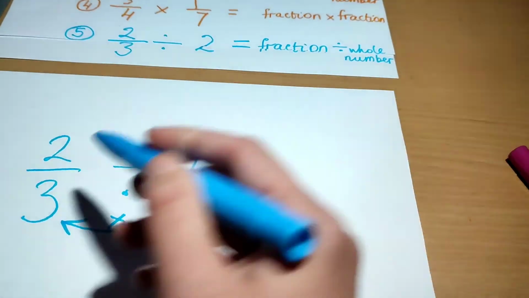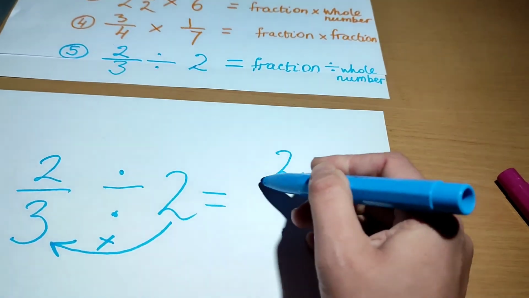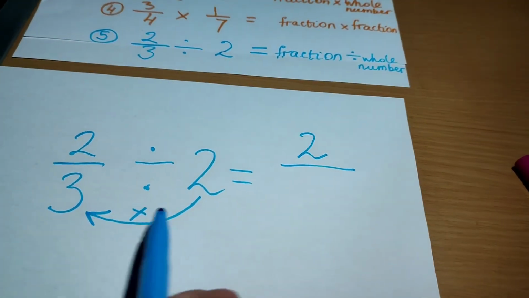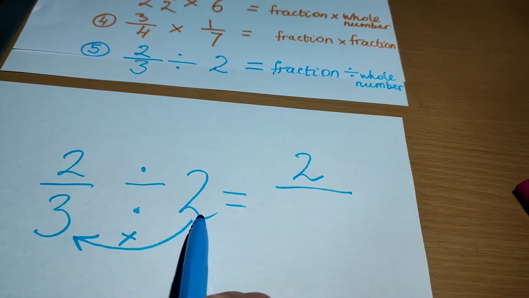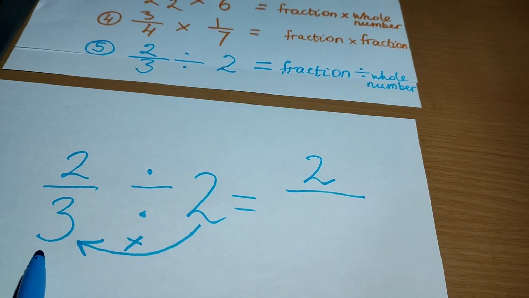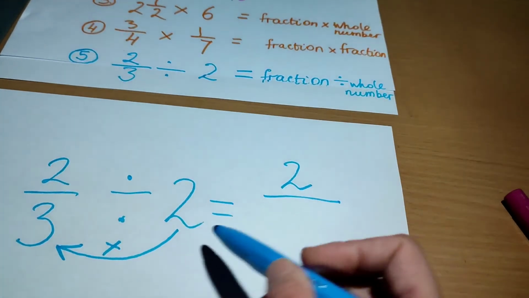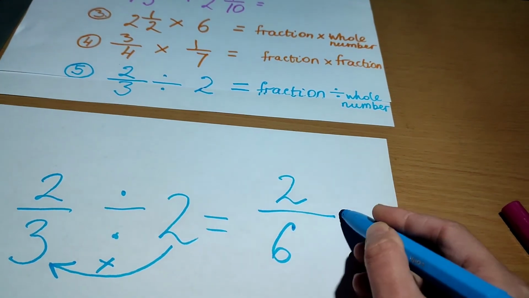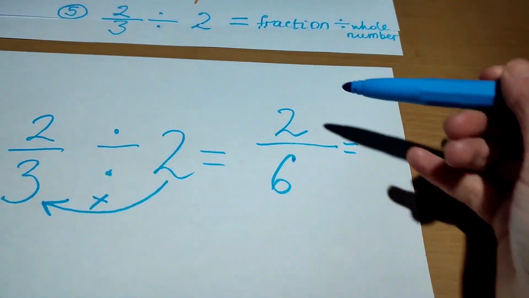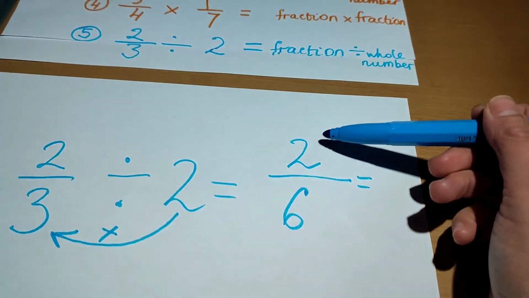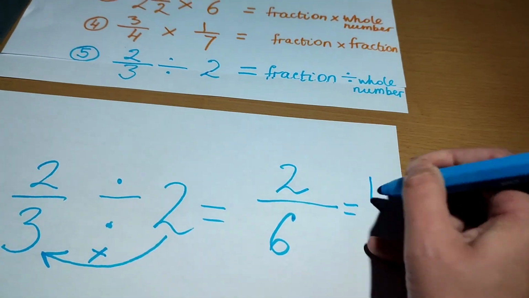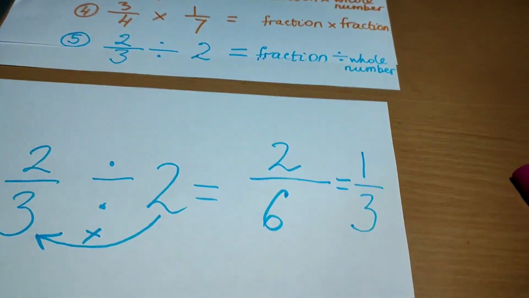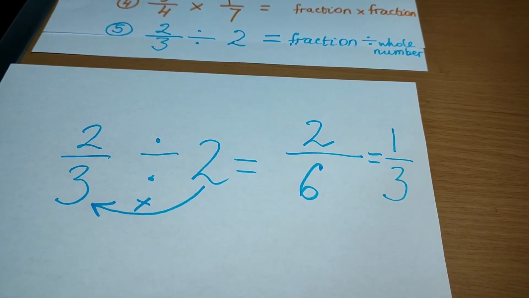So what you do, you leave your numerator the same, and then you're multiplying your whole number by the bottom number of your fraction, by your denominator. So 2 times 3 is 6. Okay, you can simplify this fraction by dividing both numbers by 2, by halving them, and it's going to be 1/3. Okay, easy peasy lemon squeezy.